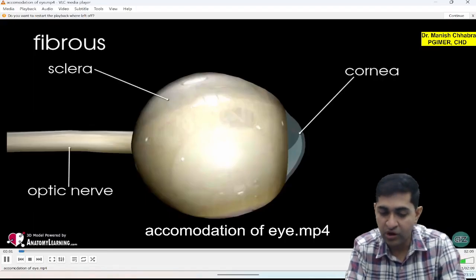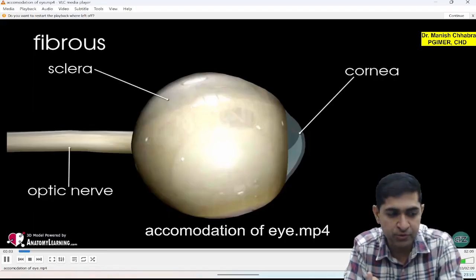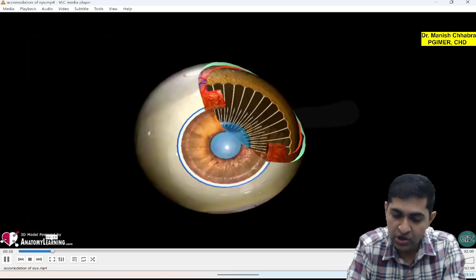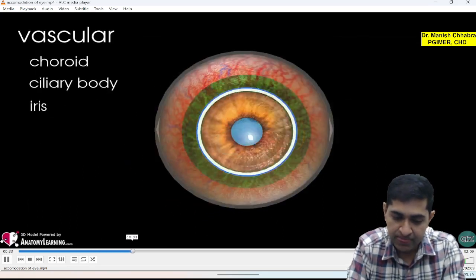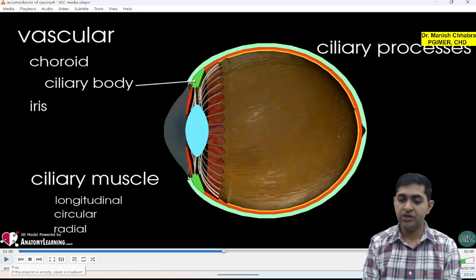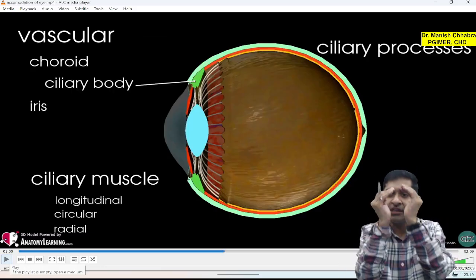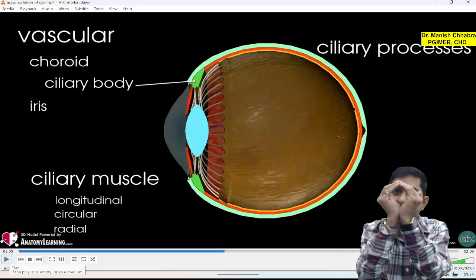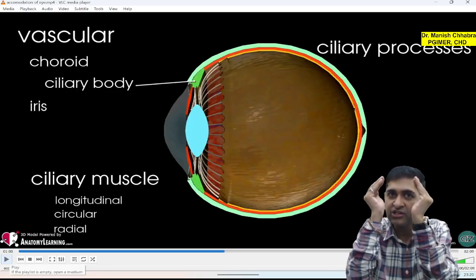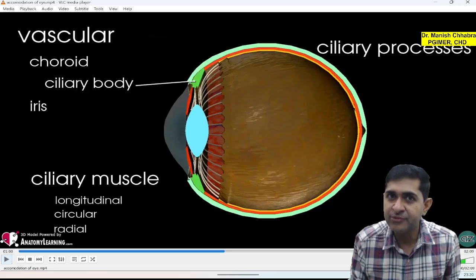Check this out. So this is cornea, sclera, which is posterior 5/6. Cornea is anterior 1/6. You already know. You are all intelligent kids. Now fast forwarding it. Yes. Now check out the ciliary body. So ciliary body is entire 360 degree. See, you just need to check this out. 360 degree. When it will contract, it will decrease in diameter.